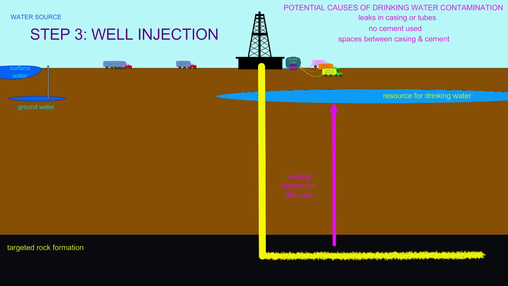There may be a space between the casing and the cement, or a space between the cement and the rock layer, which would allow some escape of materials. There may be cracks in the cement, especially if it is of poor quality.